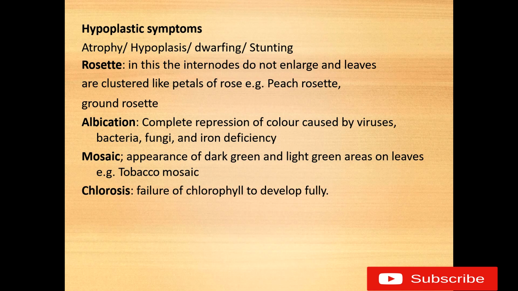The first one is rosette. We know that in plant stems there are nodes and internodes. Here the internodes are not enlarged, so the leaves are clustered like petals. That is known as the rosette appearance, due to the lack of enlargement of the internodal area.